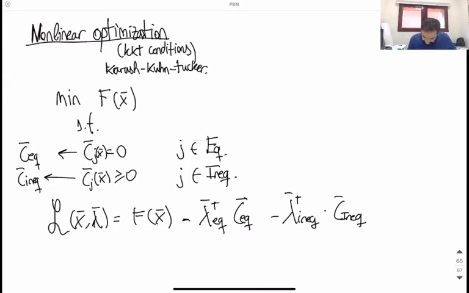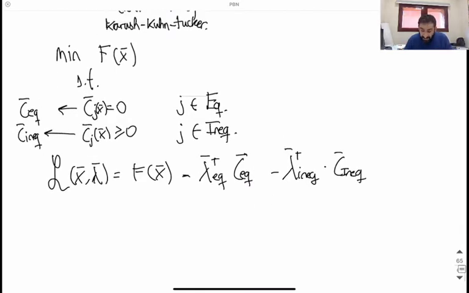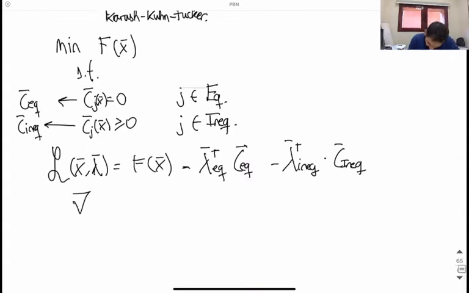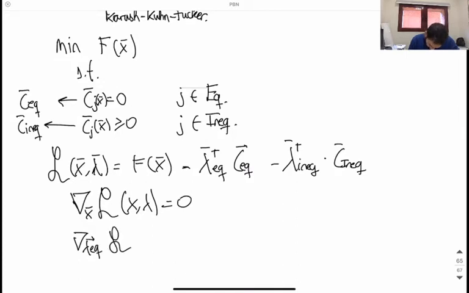So what we're going to do here is first, and these KKT conditions provide first order guarantee of optimality, take again the gradient on x of our Lagrangian of x and lambda and make it equal to 0. Then the gradient on lambda equality of the Lagrangian, and make it equal to 0.